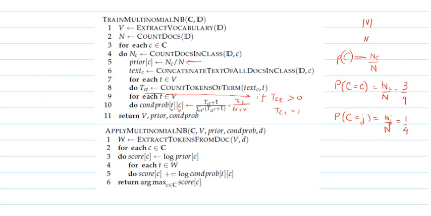Since we have the log probabilities here, we assign the score of class C as log prior of C plus the conditional probability of TC, right?